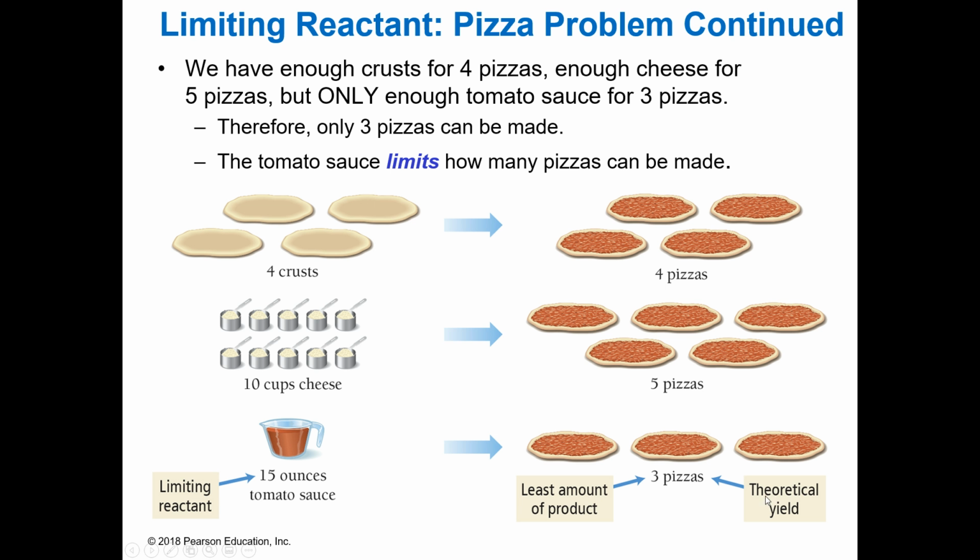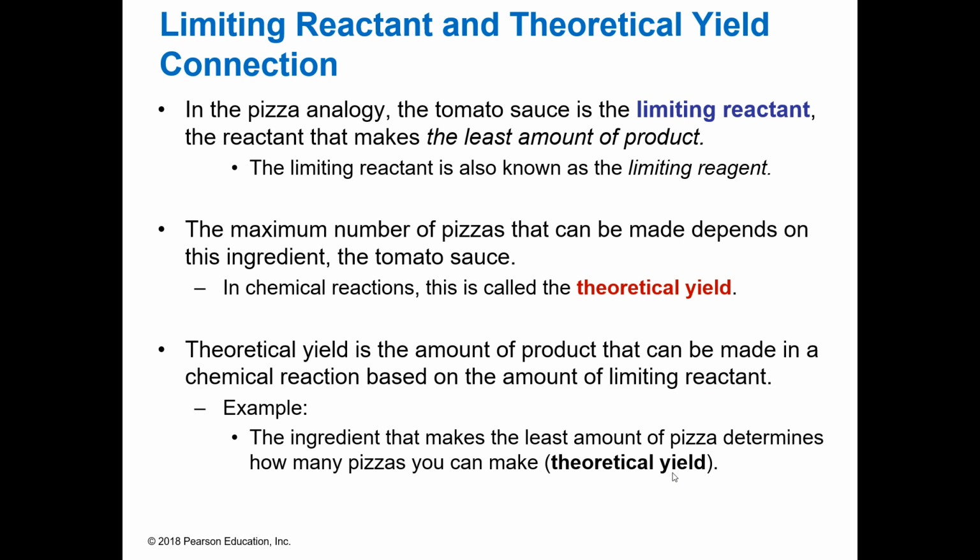So the theoretical yield is theoretically how many pizzas I can form, and I get that based on the reactions that we just calculated. The limiting reactant is the reactant that makes the least amount of product. The theoretical yield is the max amount of product that can be made based on that limiting reactant.